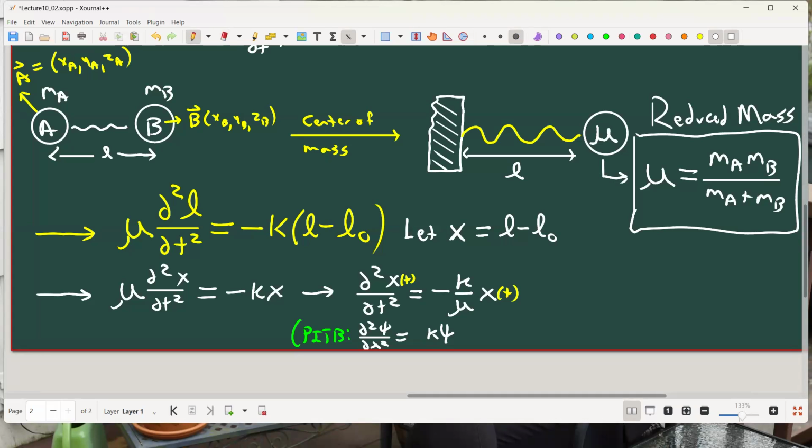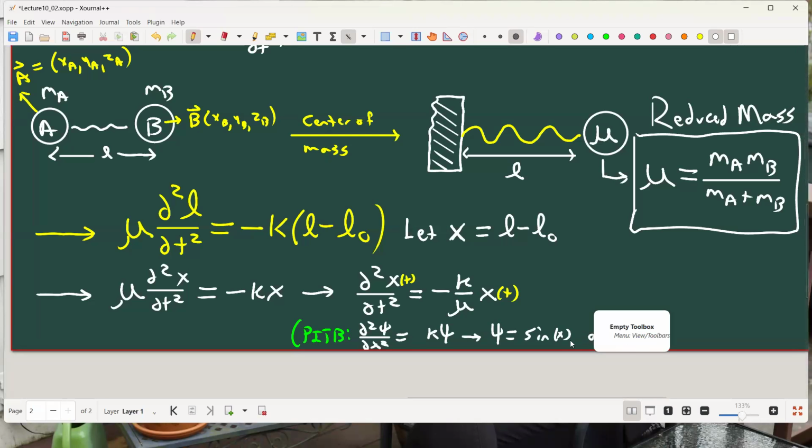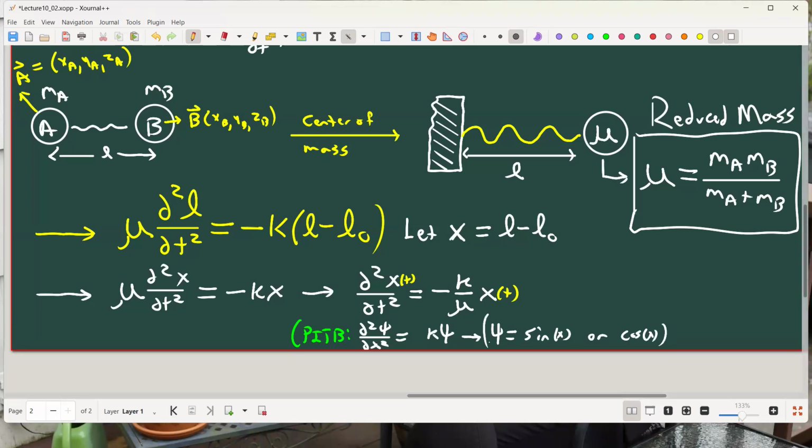So when we solved this problem, we asked what functions psi are continuous and satisfy the property that when you take two derivatives with respect to position, you get the same function out times a number. And of course, we saw very quickly that psi can be either sine of x or cosine of x.